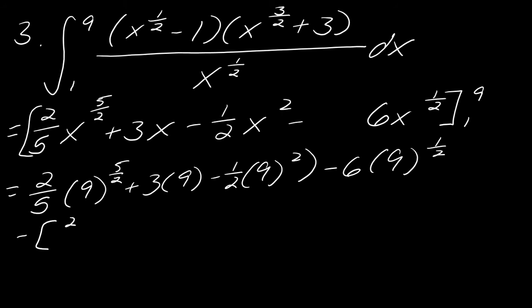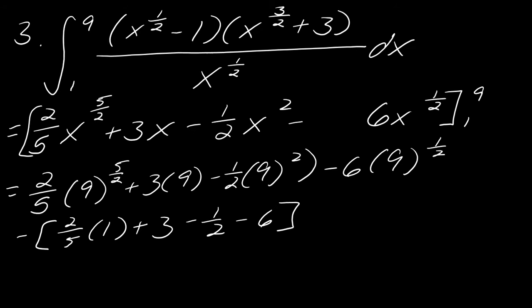And then I subtract off 2/5, let's see, this will just be 1. I'm not even going to put the exponent there, plus 3, minus 1/2, minus 6. Since it's all just being multiplied by 1, I omitted all those calculations.